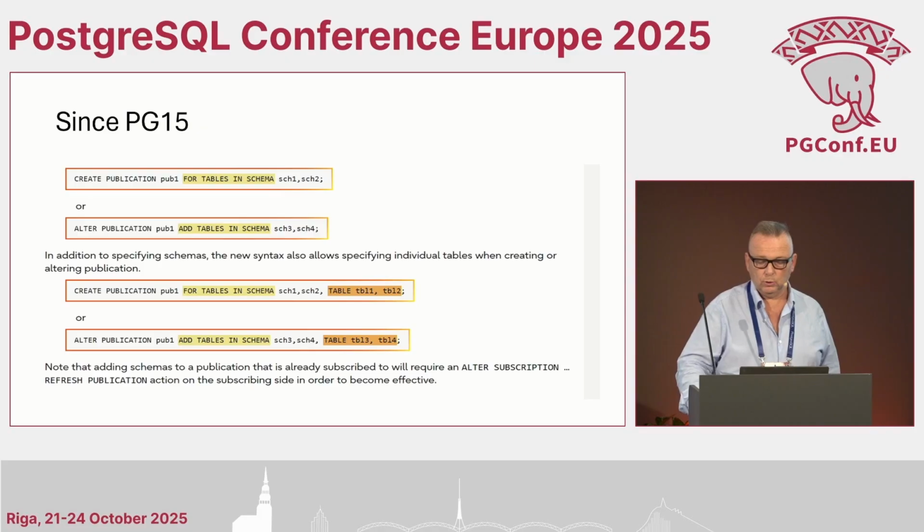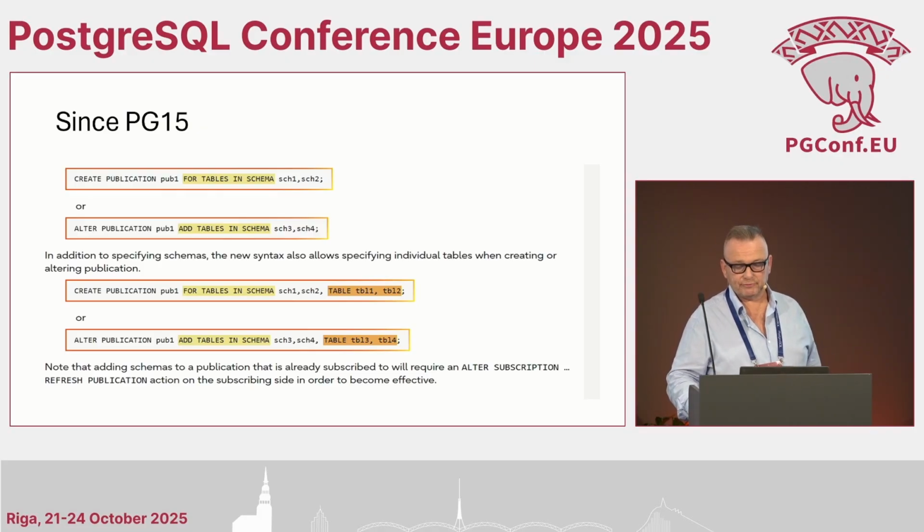And of course, for all tables publishes changes for all tables across all schemas in a database. New tables are automatically added into the publication, and that includes columns as well. So it's more of an all or nothing with the current for all tables approach.